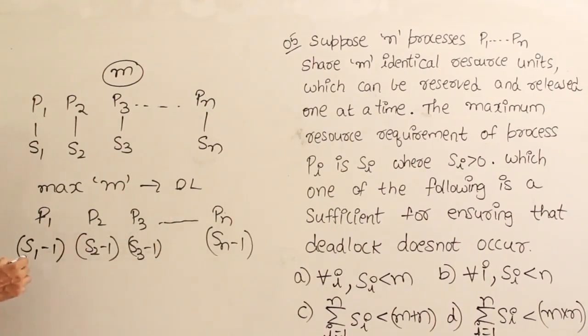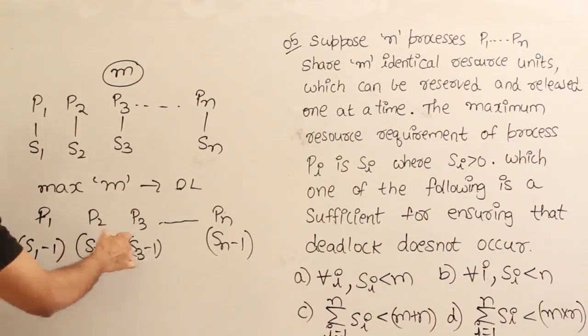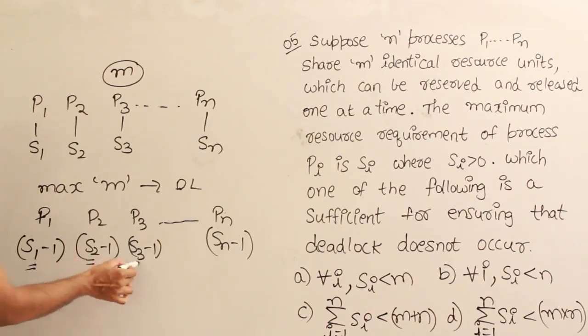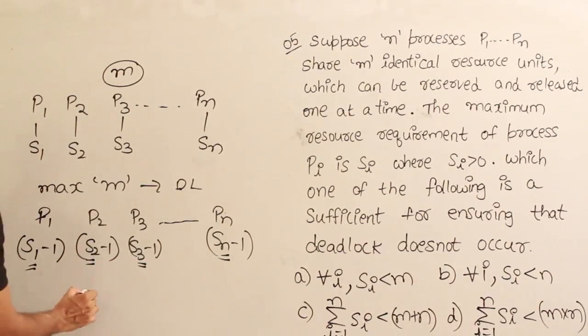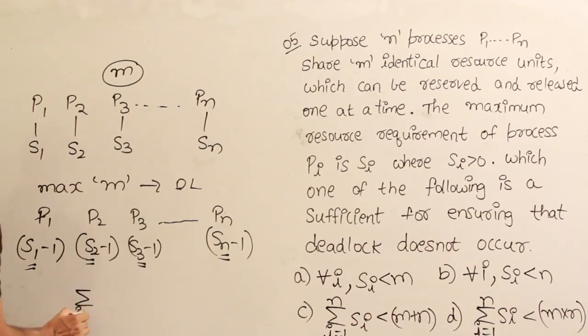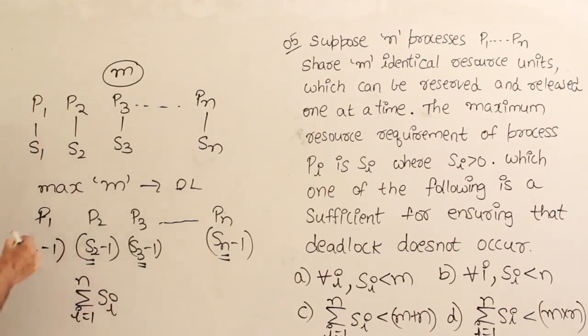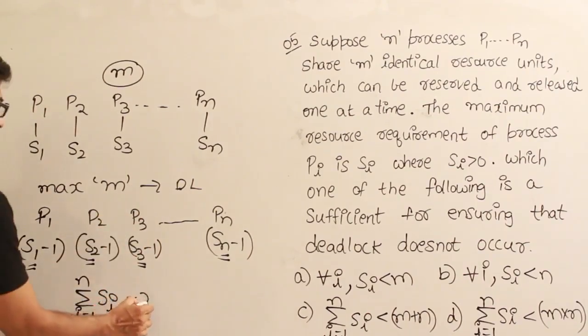So if I put a plus between all of these and add them, I could pull out all S1, S2, so on Sn, right? Therefore, what I get is sigma i equal to 1 to n of Si minus n, which is the sum.